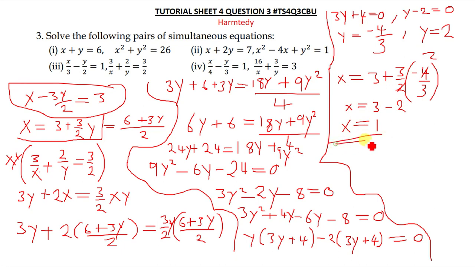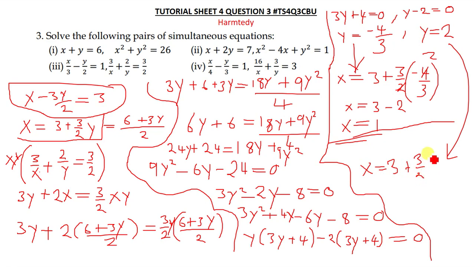So when y is equal to this, the value of x is equal to that, and then when y is equal to 2, the value of x will just be equal to 3 plus 3 over 2. While there is y, we put 2. So our value of x is just going to be equal to 3 plus 3, which is just 6.